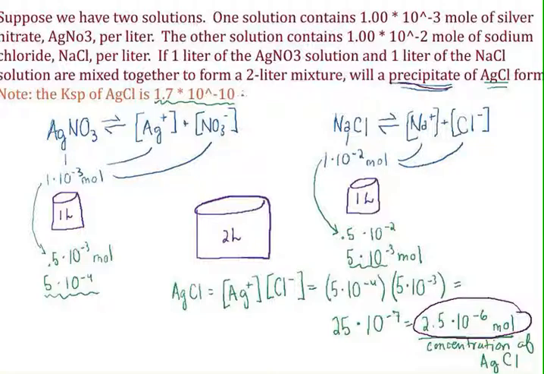Remember, this is the absolute maximum amount that can be dissolved in a solution. Well, we have way more than that, so at least some of it is going to precipitate out. So yes, we will get a silver chloride, or AgCl, precipitate.